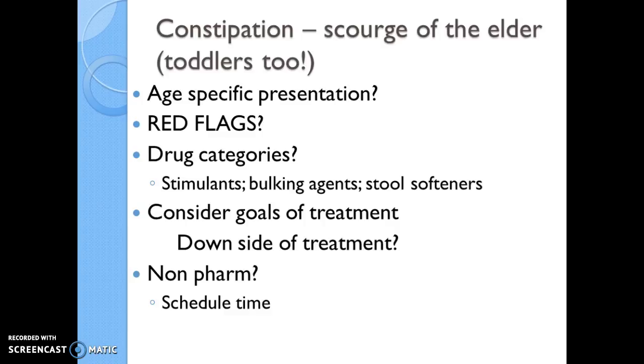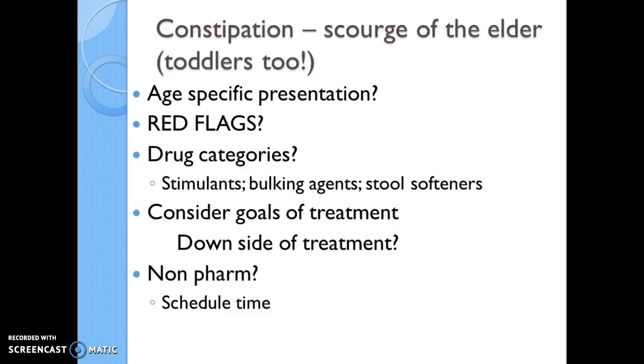Stool softeners just bring water into the stool without bulking. They are things like Colace, and there's an old nursing adage, you don't want to just give the mush without the push. So there are cases when the stool softener can be helpful if people have adequate pushing going on in terms of the constriction.